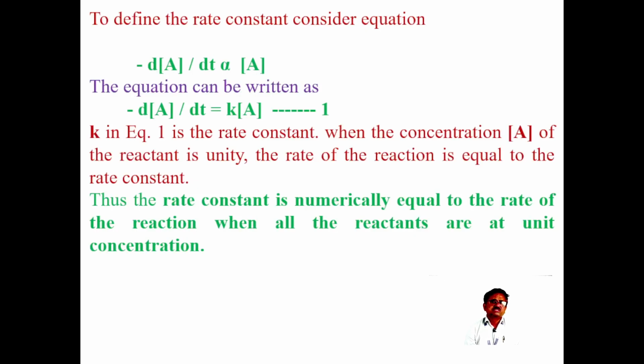To define the rate constant, we will consider the equation that we studied earlier, that is -d[A]/dt proportional to [A], that is, the negative change in concentration of A with respect to change in time is directly proportional to the molar concentration of A. So the equation can be written as -d[A]/dt equals k [A].